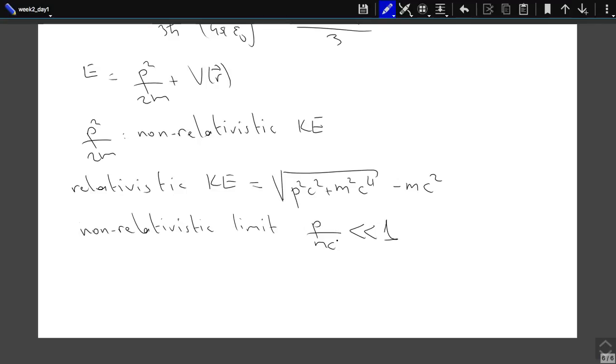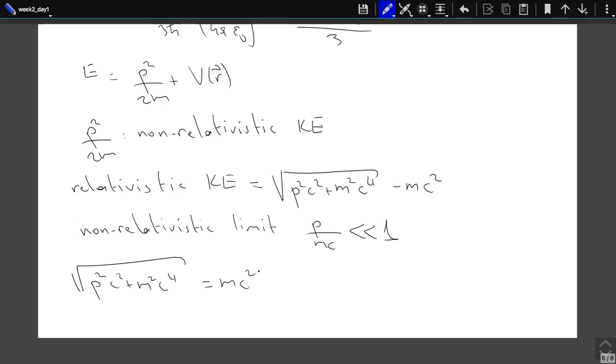Now, we know that the solutions of the Schrödinger equation work relatively well, so at least we know that the corrections should be small. So if the corrections are small, the electron is quite non-relativistic, so we can just take the first correction to the non-relativistic kinetic energy. And for that, what we can do is the square root of p squared c squared plus m squared c to the 4.